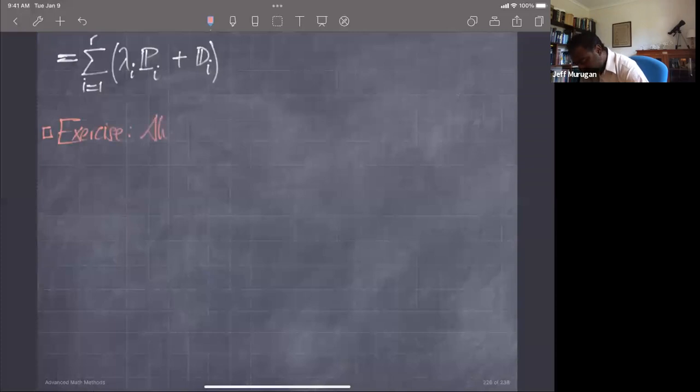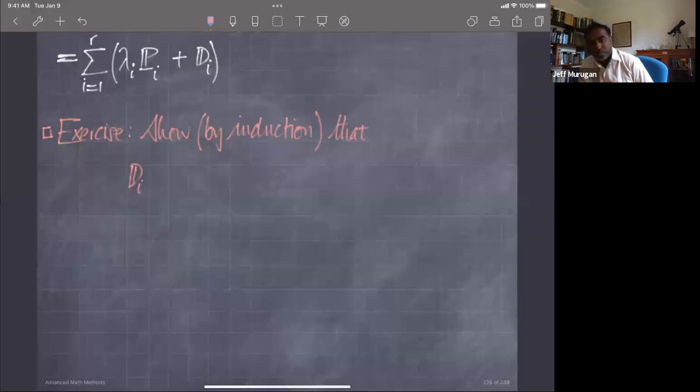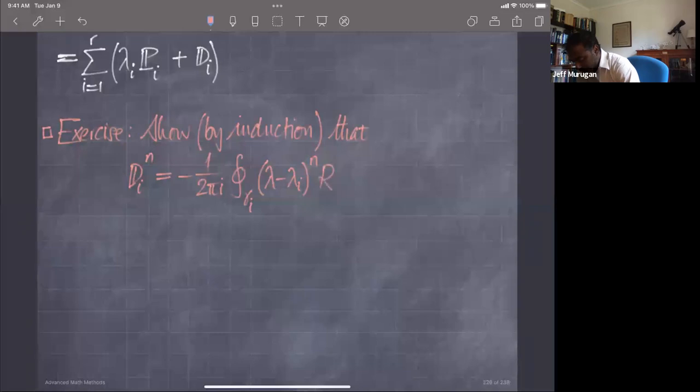And this was to show, essentially by induction, but if you have a smarter way of doing it, I'm all ears, that if I take this object Di and raise it to the nth power, then this is just minus 1 over 2 pi i integral over gamma i of lambda minus lambda i to the nth power times R lambda of A d lambda, like such, right?